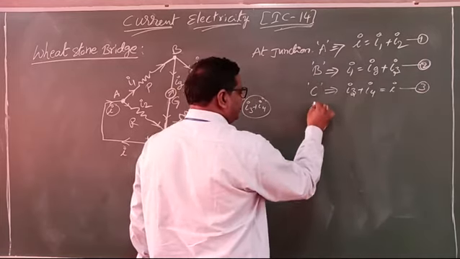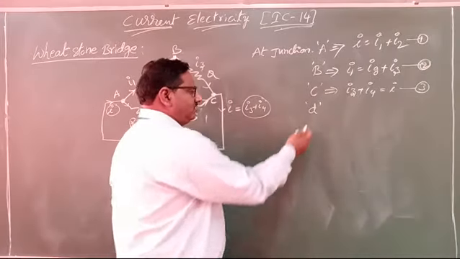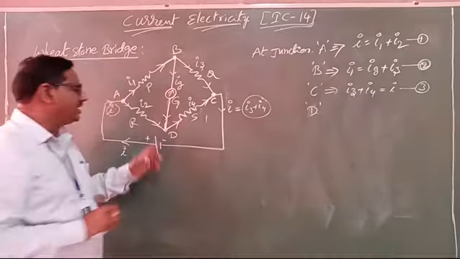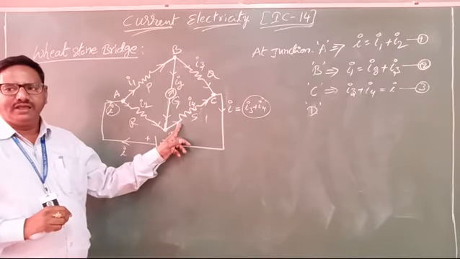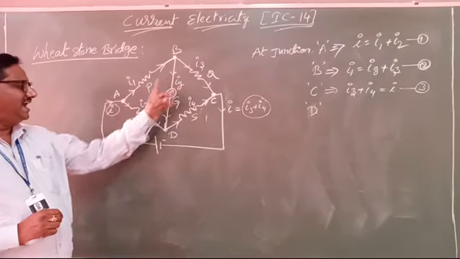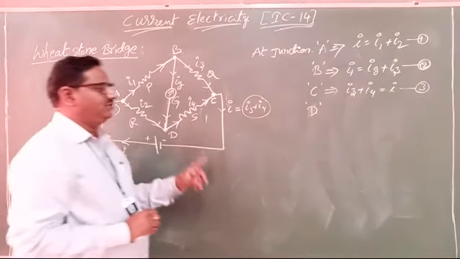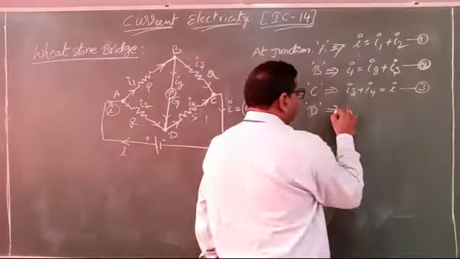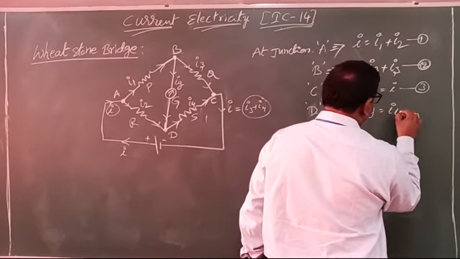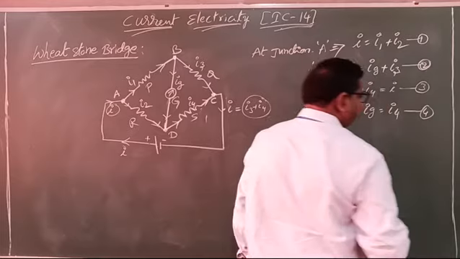The fourth one is at junction D. At junction D, two currents arrive and one current leaves the junction. What are the two currents? One is IC and one more is I2. So what do I write here? I2 plus IC is equal to I4. This is equation number 4.